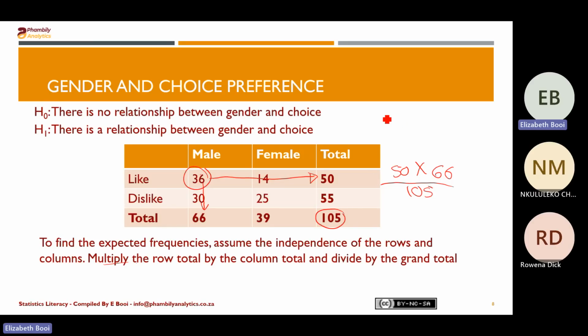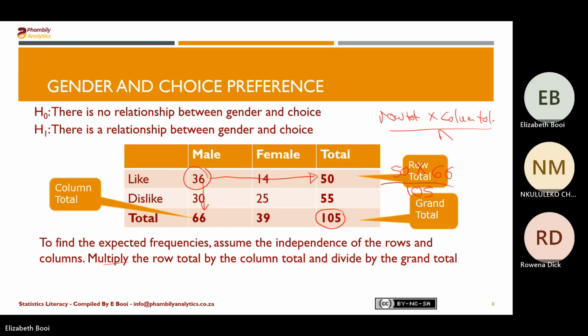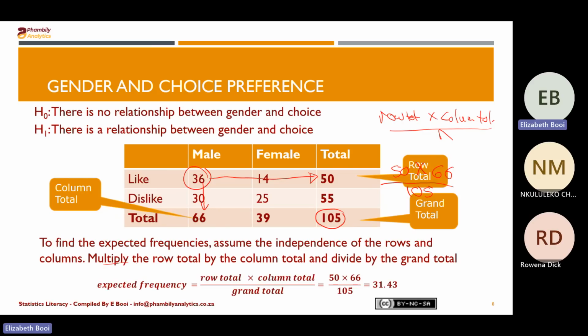So what we did is row total times column total divided by n. That's the formula to find the expected values.